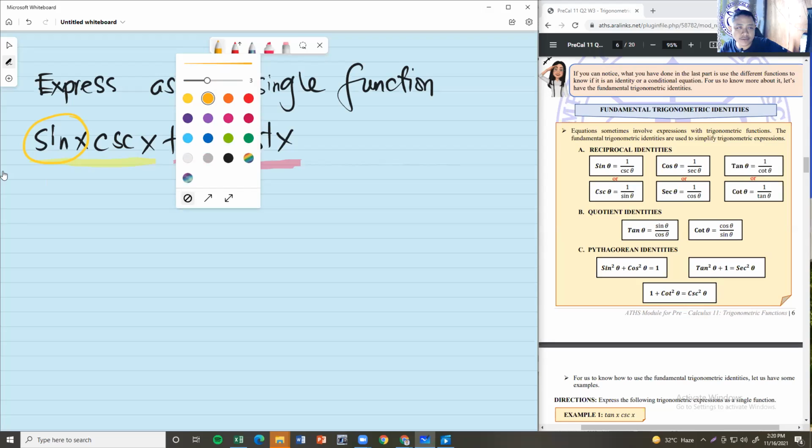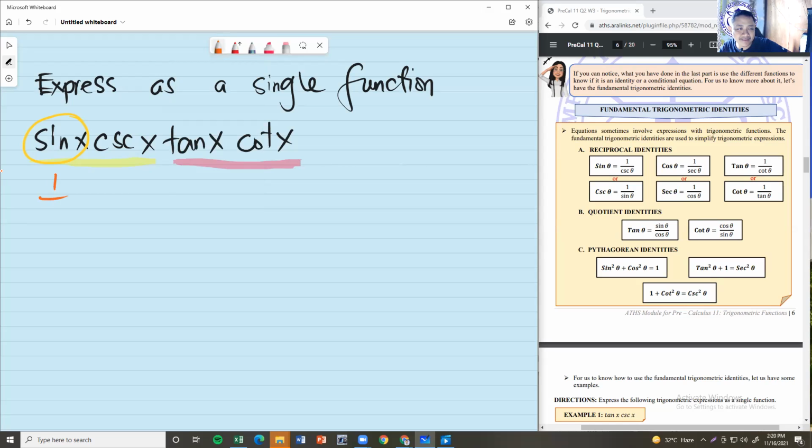Let's change this to, ito na lang. So, sine x can be rewritten as 1 over cosecant x times, of course, cosecant x, kasi meron na cosecant sa denominator. I will not change it anymore. I'll just cancel it. So, we have cosecant x here. So, I will just divide it by 1. So, over 1. Okay? And then times.